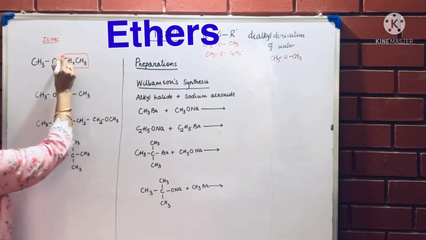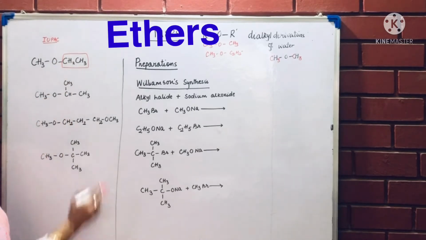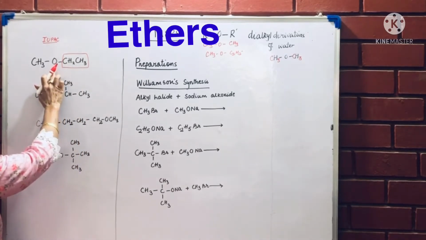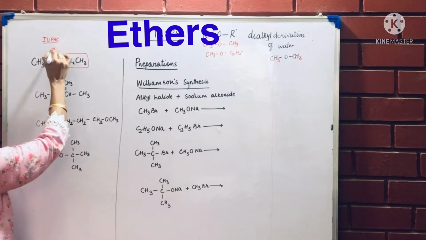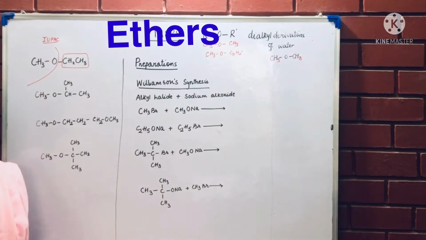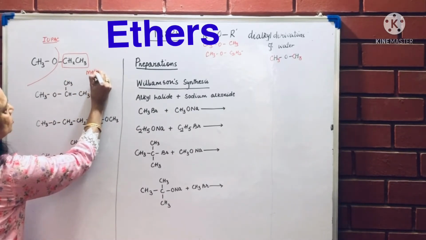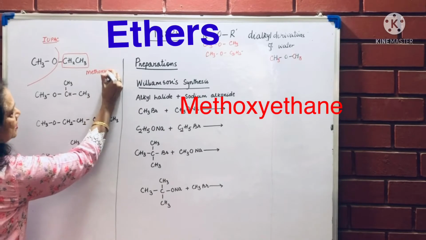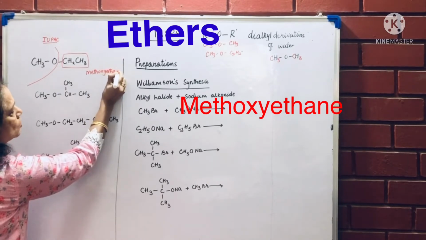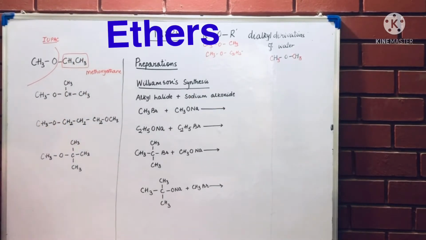This is the longest chain. Now on this chain, the chain breaks at oxygen. On this chain, a methoxy group is attached. Methane and oxy. So I'll say this compound is methoxyethane because it is made from 2 carbon atoms. The chain is of 2 carbon atoms.